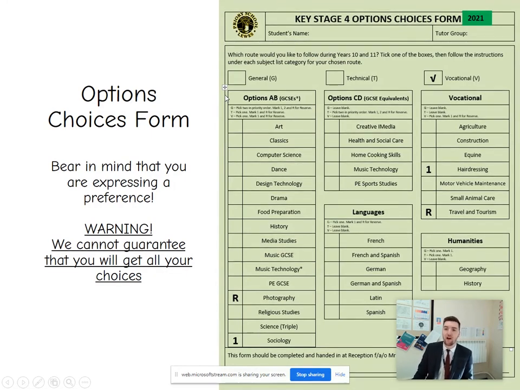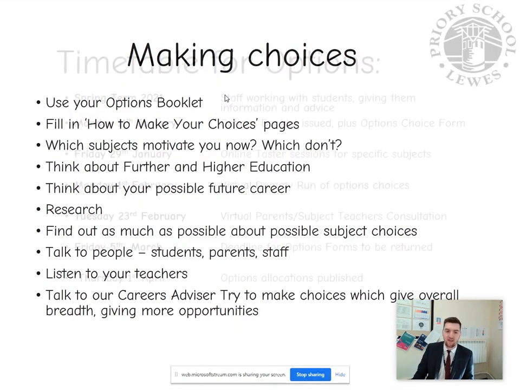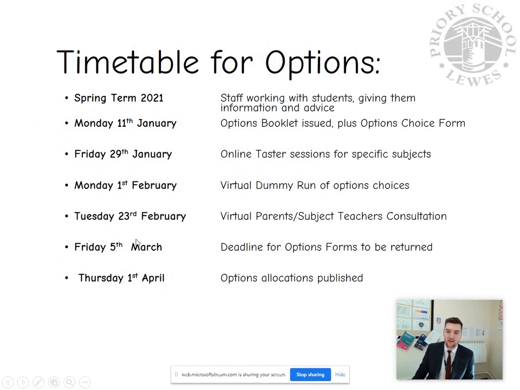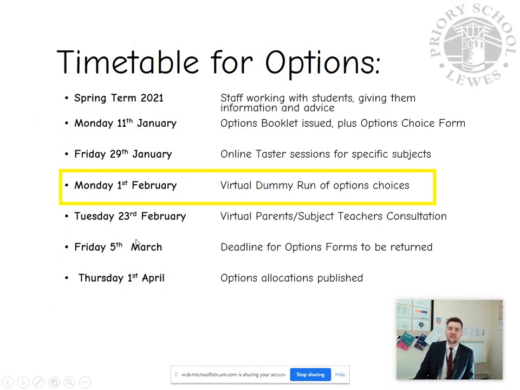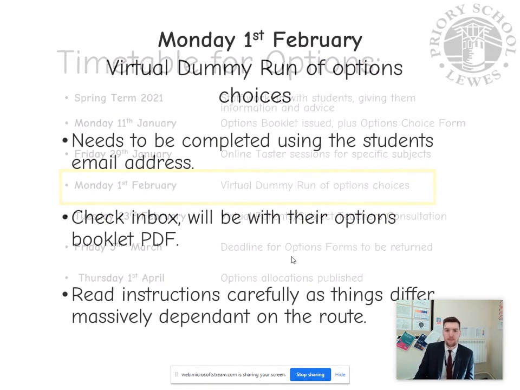But the very final forms are Friday the 5th of March. And then finally, on Thursday the 1st of April, I'll let you know what options you got. If you don't get your first choice, me or Mr. Ashworth will speak to you and we'll look for an alternative.